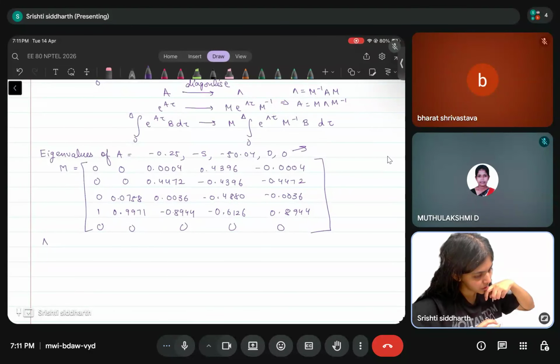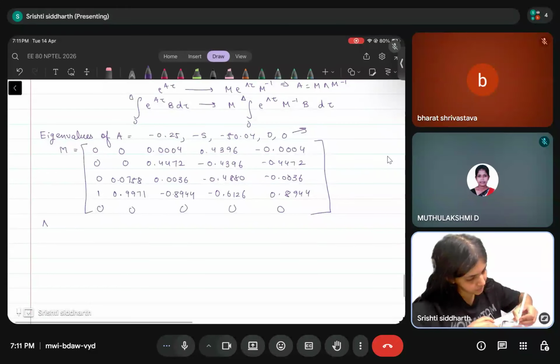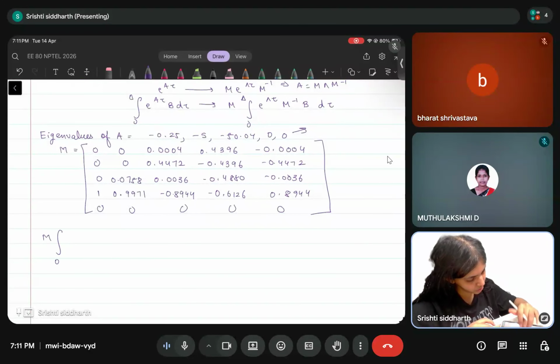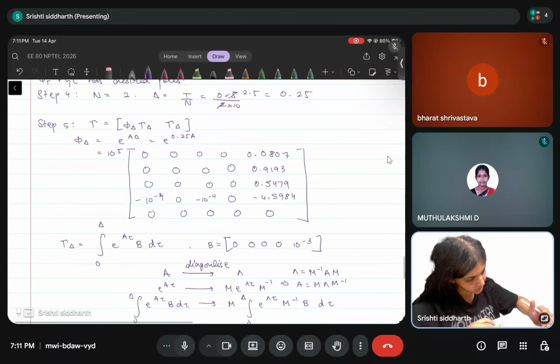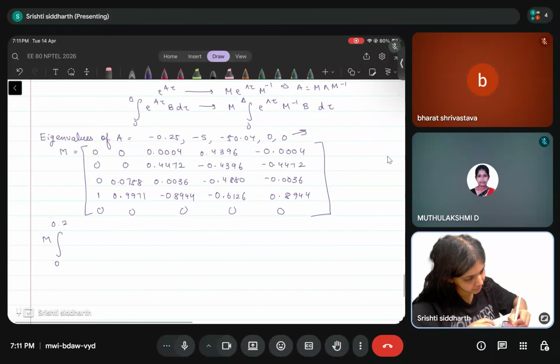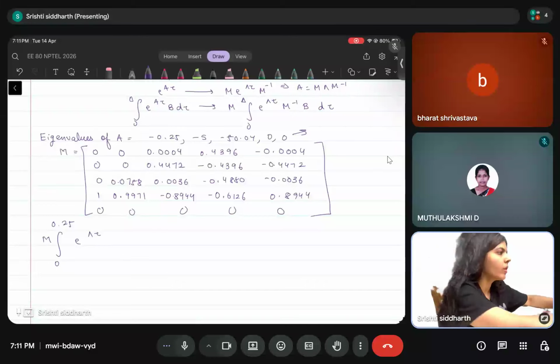So it's, the integral from 0 to delta of e to the power lambda tau, and we have M inverse B. So let's make this.